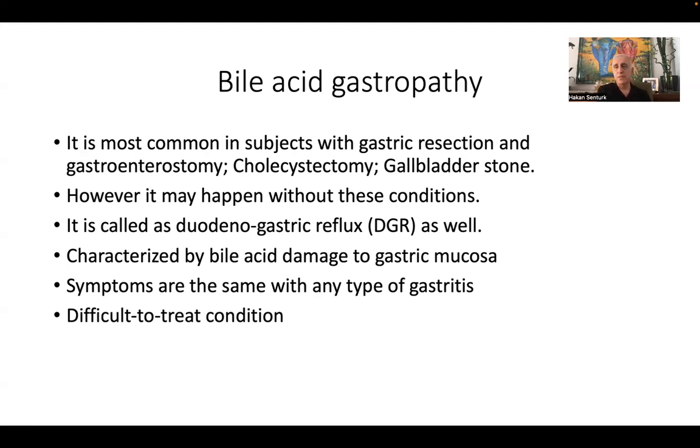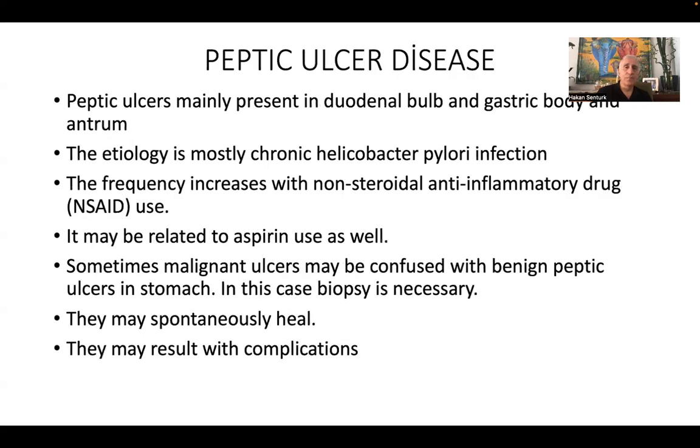For example, in HP gastritis, when you administer the relevant treatment, the patient would improve completely most of the time. But in bile acid gastropathy, there is no specific treatment, and most of the time, even if they are relieved of their symptoms for some time, there may be recurrences. So this is a very difficult to treat condition.